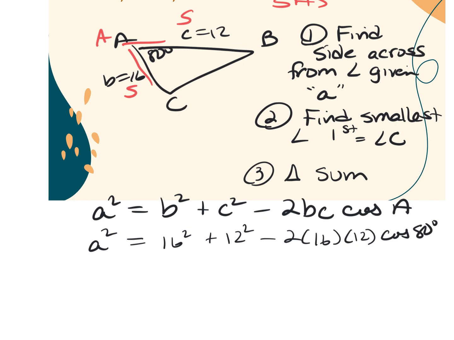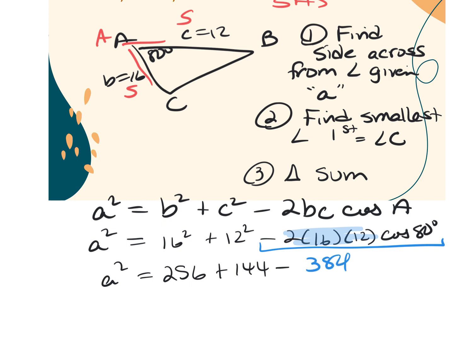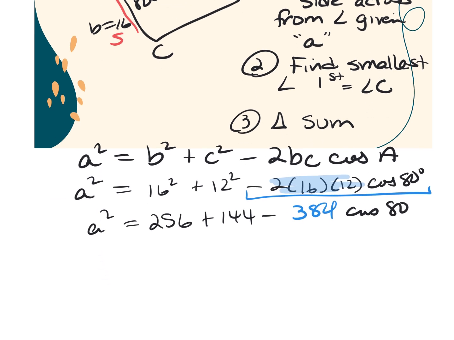And again, remember, this whole quantity is being multiplied. So you can do 16 squared, 256, plus 144, minus, and if you want to multiply, I like to multiply these 3 first, get 384, and then multiply it by the cosine of 80, or you could multiply it all together.